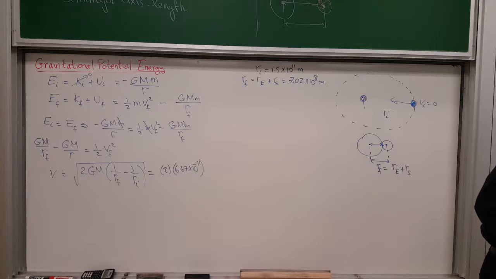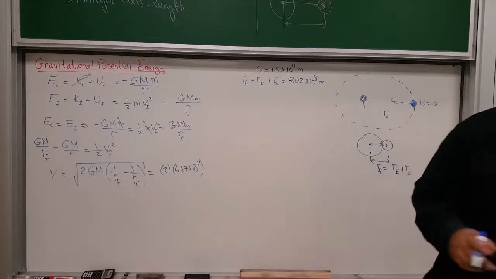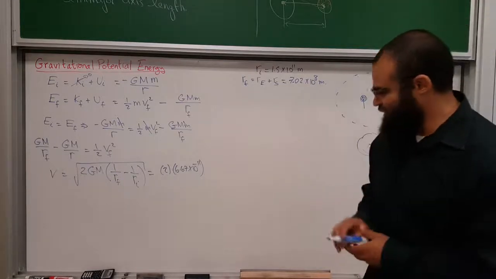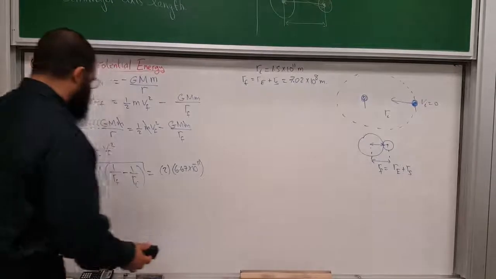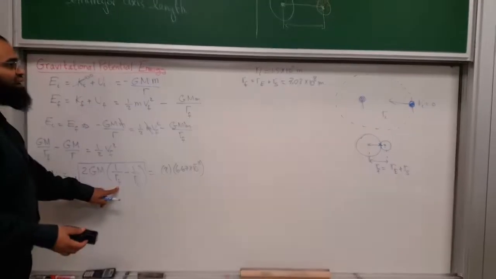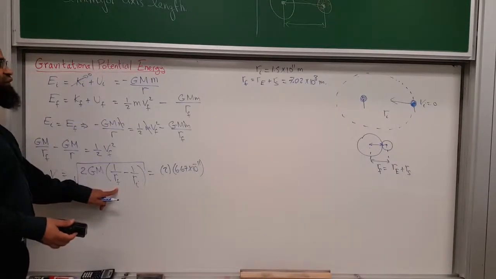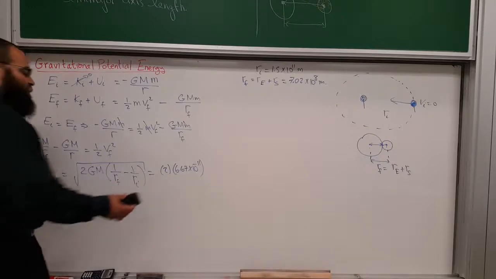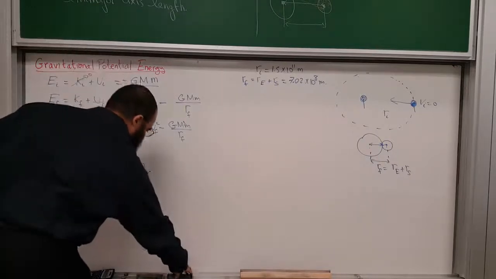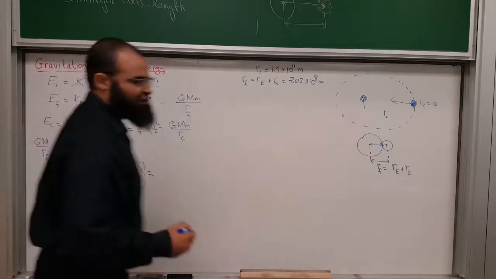I can find the mass of the sun, but I think it's unnecessary. You can plug in the numbers yourself. R final will be 7.02 times 10 to the 8th, and R initial is 1.5 times 10 to the 11th. So I will just write down the answer.